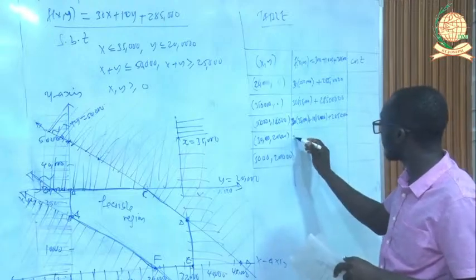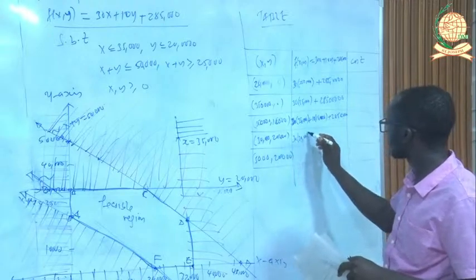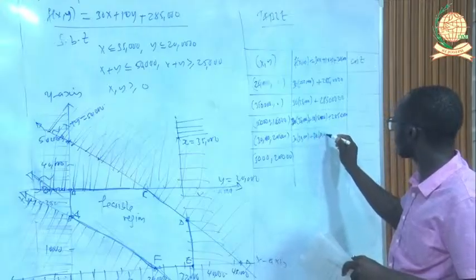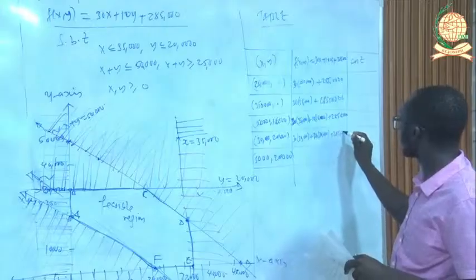Again, the value of x here, 30 times x, which is 30,000, plus 10 times y, which is 20,000, plus 285,000.